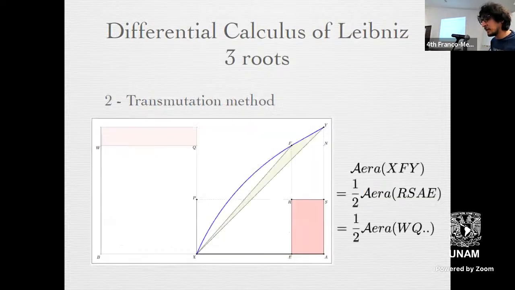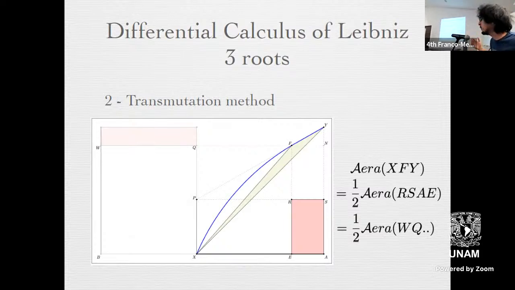The second root is the transmutation method. The transmutation method is a geometric method that Leibniz developed in Paris when he learned mathematics when he was young. I made the diagram, so you see the blue curves, and the transmutation method says that the green area is the half of the red.